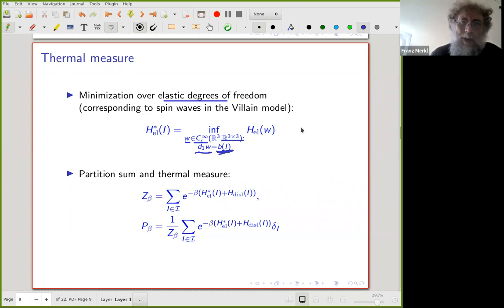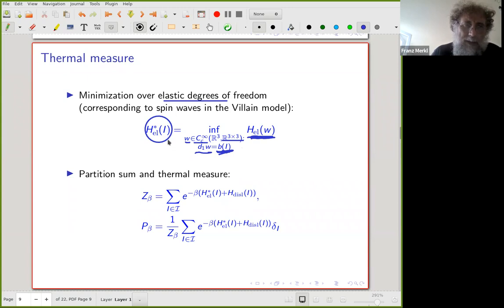And the infimum over all elastic energies with this given Burgers vector field, this I call the elastic energy of this Burgers vector field encoded by I.